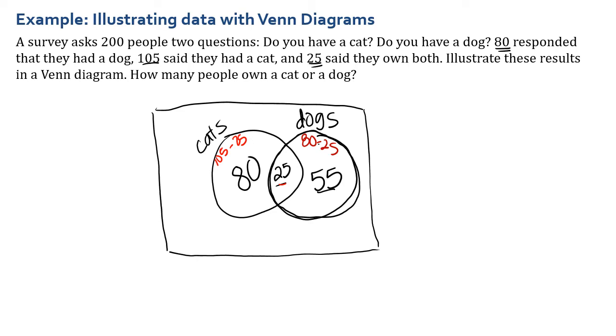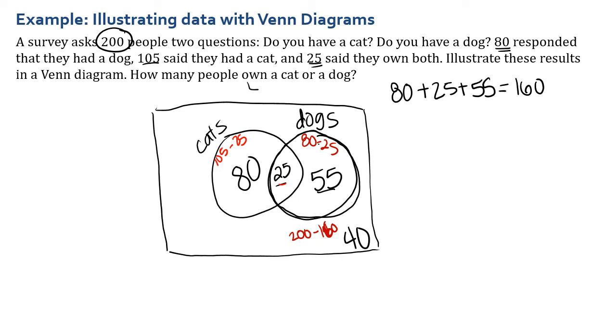Now, we still have this outside area because we need to account for 200 people. So right now, I have accounted for 80 plus 25 plus 55 people, which is 160 people. That leaves on the outside of my circle, because all of these values should add up to 200, 40 people left to be on the outside of those circles.